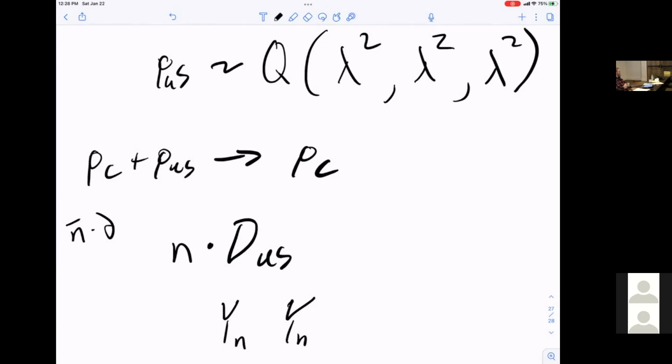So yes, depending on your power counting, the soft Wilson lines are either arising out of a matching or they're arising out of the field redefinition. And like I said, this doesn't really matter at leading power, but at subleading power, it does make a difference. And I think that's all I had prepared for today. So. Good enough.